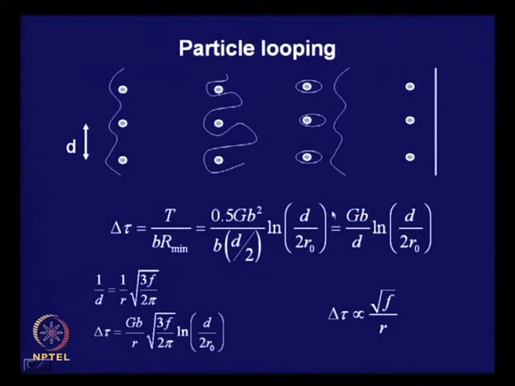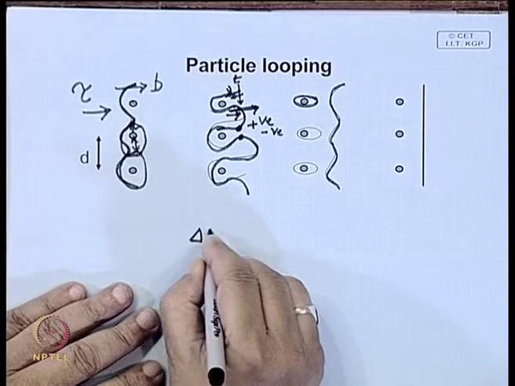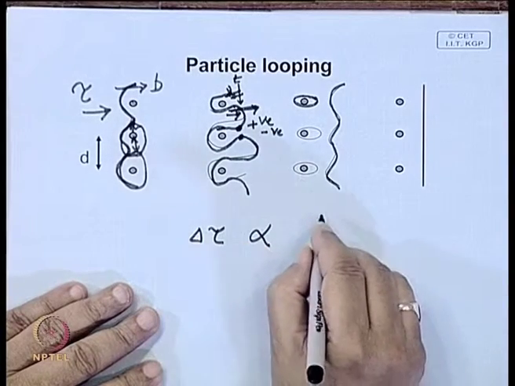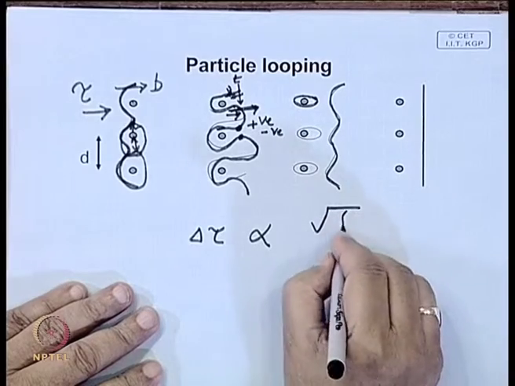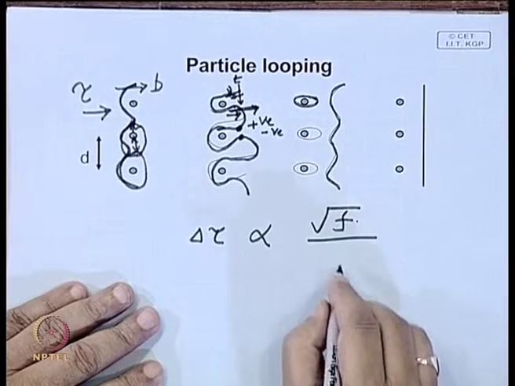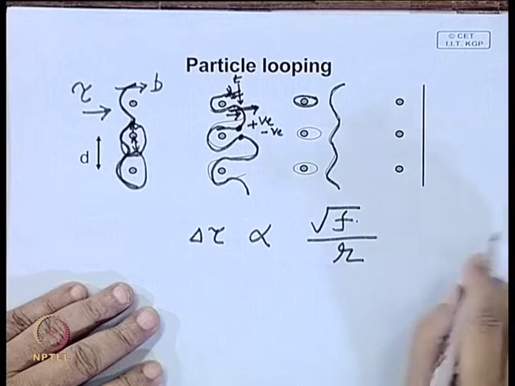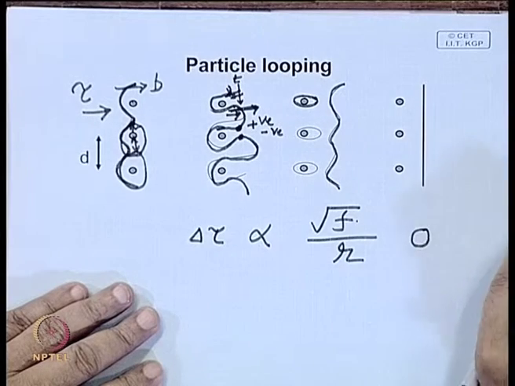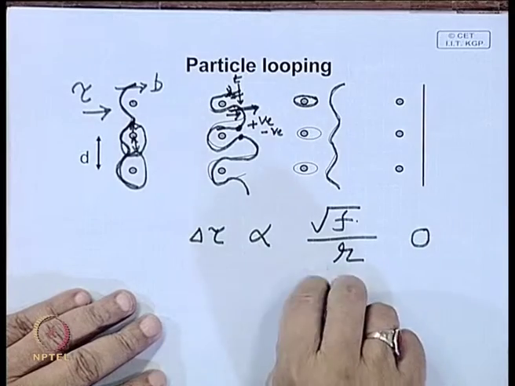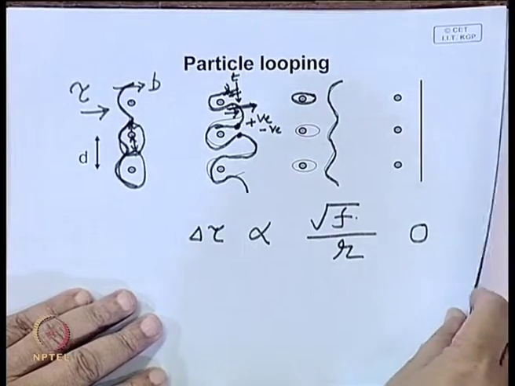If you substitute over here, you get this expression. In short, the strengthening which you are getting is proportional to the root of the volume fraction of precipitate over the radius of the precipitate, which is quite important, and we will use it later.